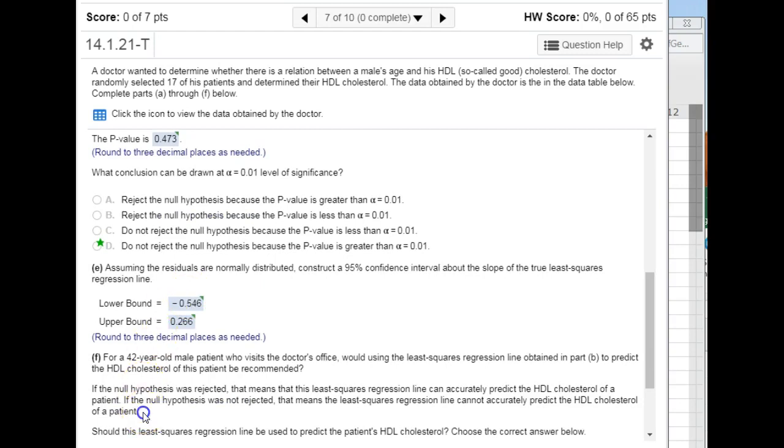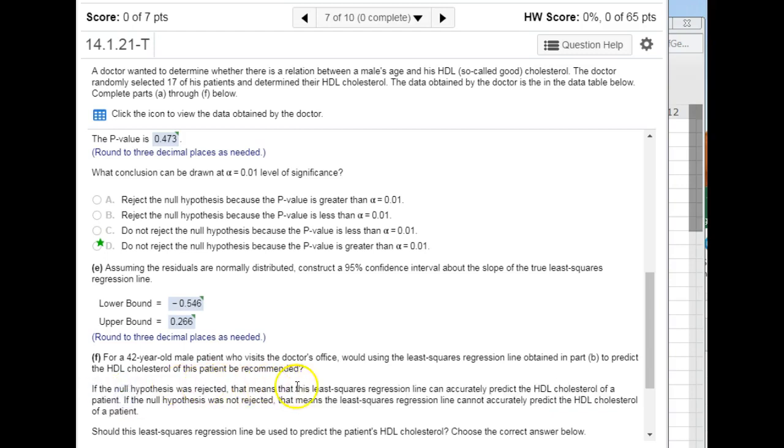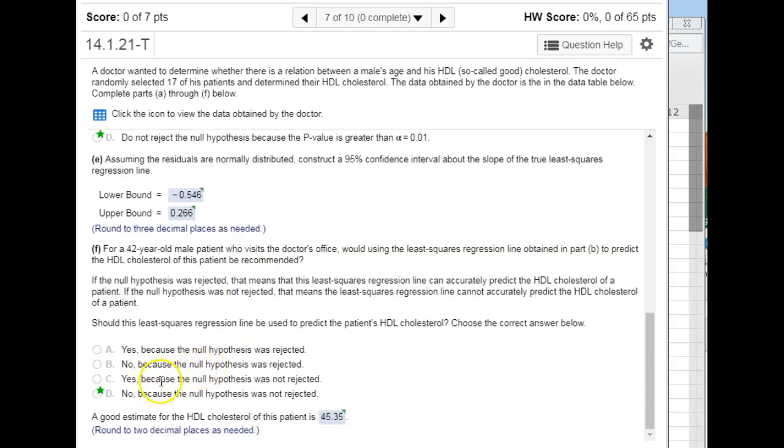And it kind of spells that out right here. If it was rejected, that means the least squared regression line cannot accurately predict the HDL cholesterol of a patient. So we would choose no because the null hypothesis was not rejected.